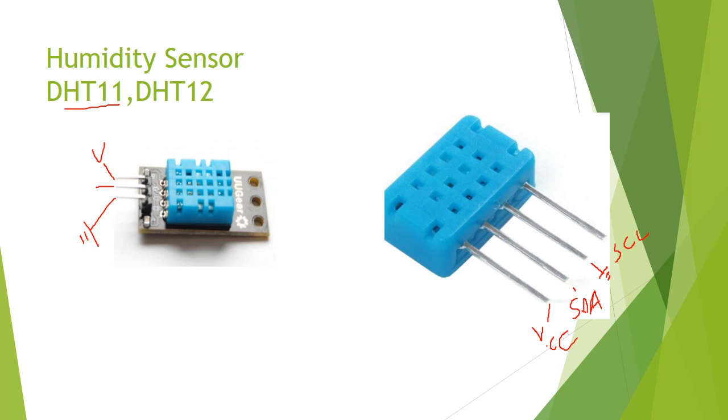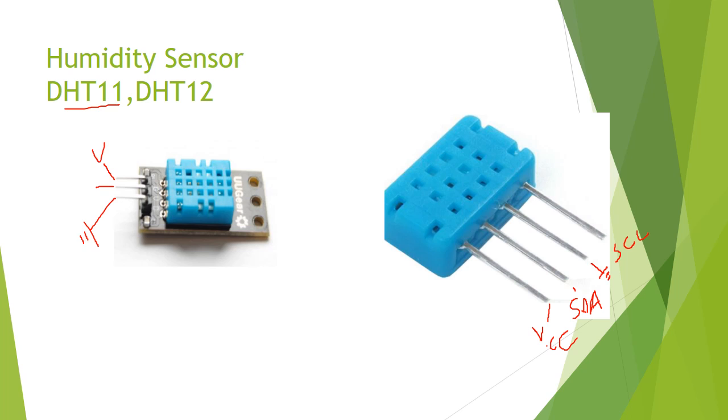Now here in DHT11, the single data pin, that is your middle pin, is generally on a module. There is a difference between a module and a sensor. A sensor will always have four terminals, but a module can have three terminals. So if you search for the DHT11 sensor, it will have four terminals, and the sensor module will have three terminals.